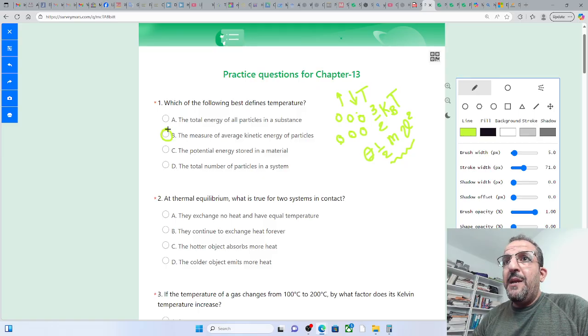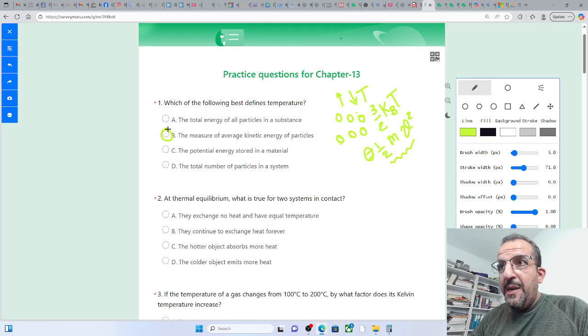So that's great. Let's now move to number 2. In number 2 you can see the question: at thermal equilibrium, what is true for two systems in contact? A, they exchange no heat and have equal temperature. B, they continue to exchange heat forever, which is impossible.